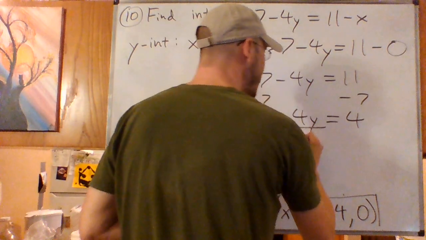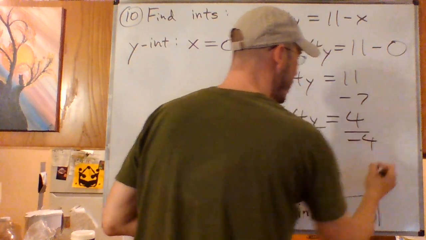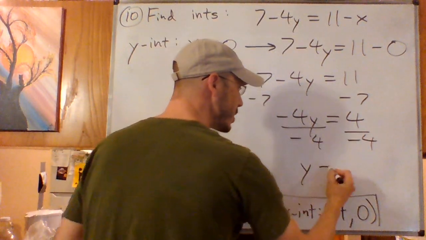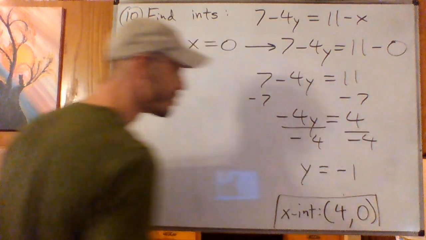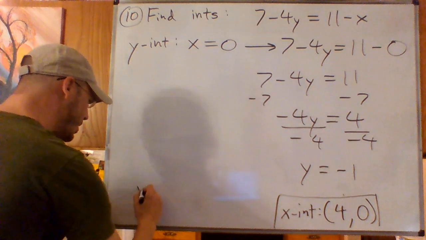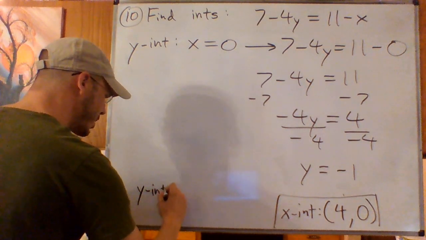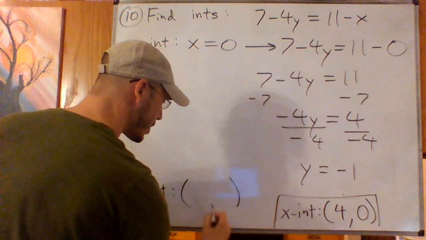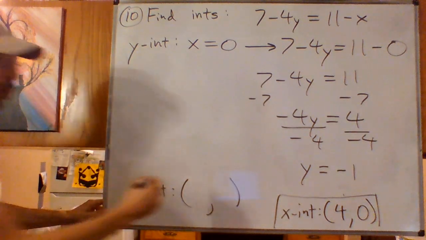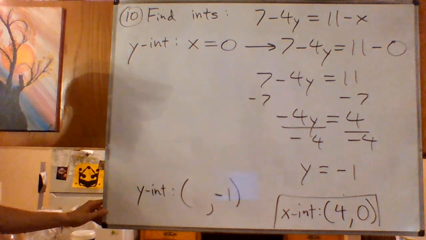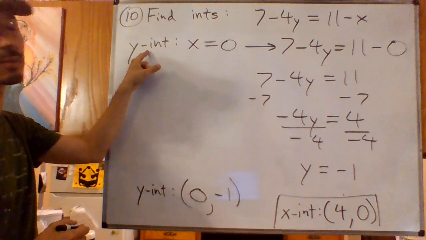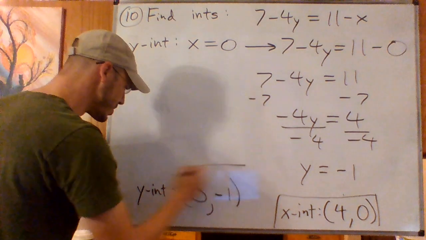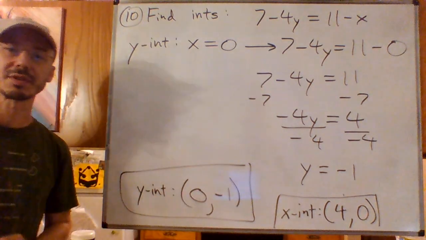Then divide by negative 4. y equals 4 divided by negative 4, which is negative 1. That gives me the y-intercept. The y value of the y-intercept is negative 1. The x value is 0. Always the x value of the y-intercept is 0. But there's the other piece that we're supposed to find for this problem.